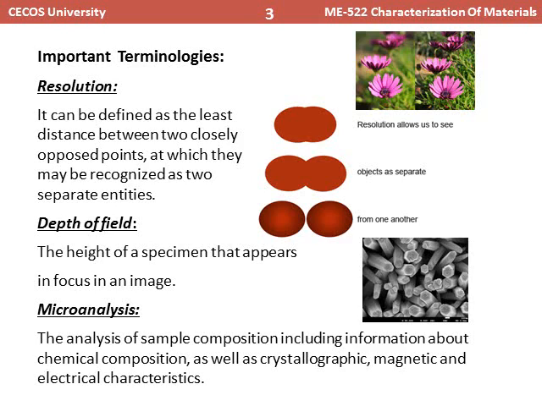The second term is the depth of field. Depth of field means how easily you can visualize the height of an object by seeing the image. So in case of SEM, if there's a depth of field terminology, then it means how easily you can imagine the height of an object.